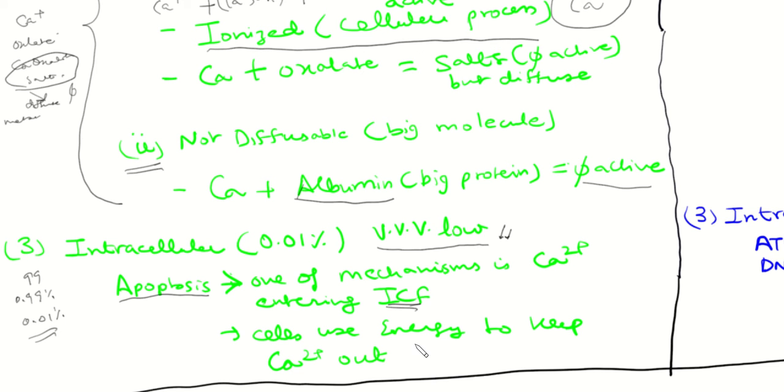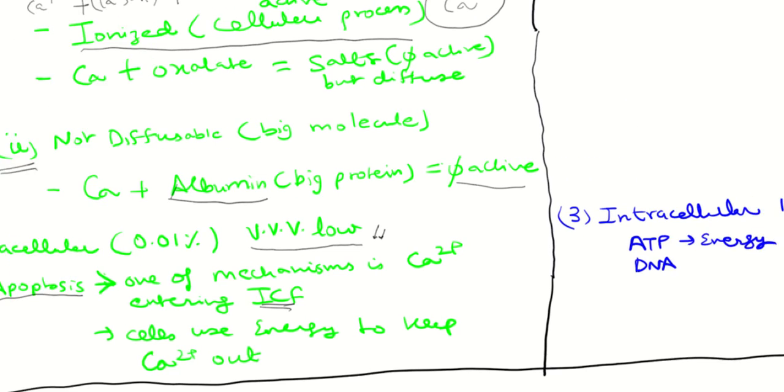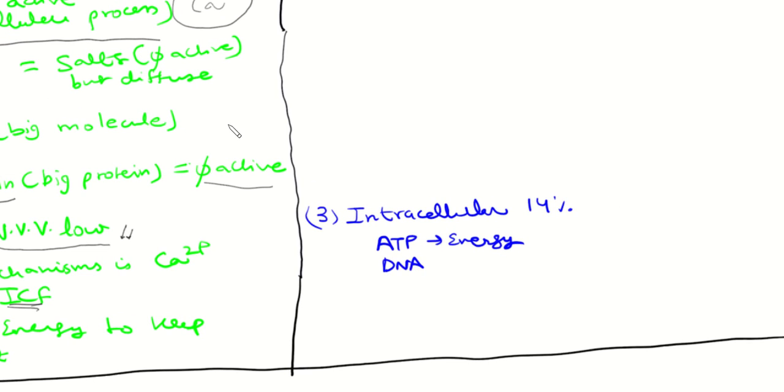Okay, guys, got it? And this is where there's a little difference with phosphorus, because 85% was in the bones, and 1% was in the extracellular space. You had 14% remaining, and that's in the intracellular space.